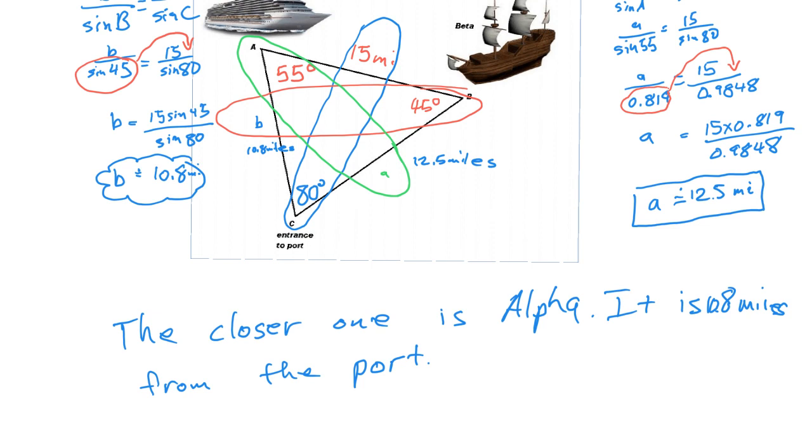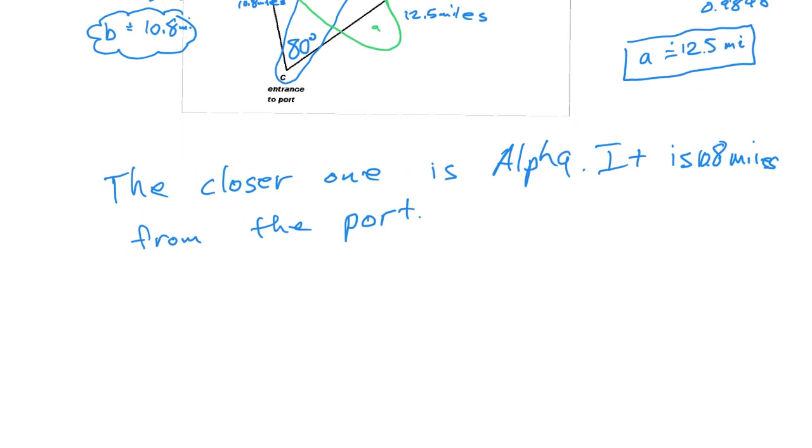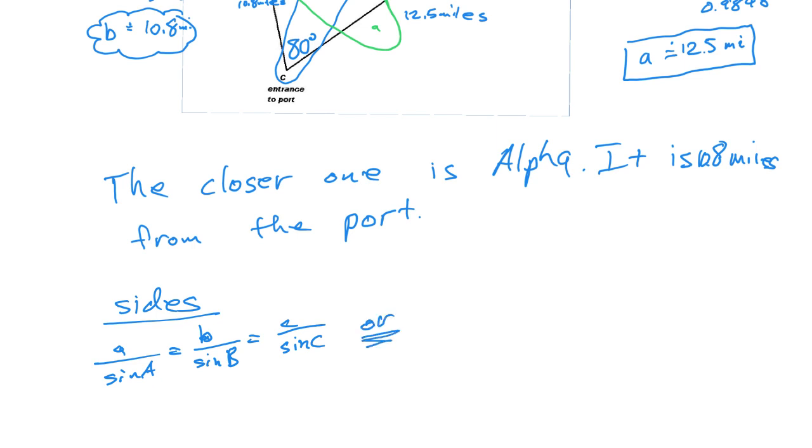Just as a quick reminder, go back to the beginning and go over your concept for sine sausage. So if you don't, this is it. For our sides, for the sine sausage, we have A over sine of A equals B over sine of B equals C over sine of C. Or if we're looking for angles, we want to have sine on the top.